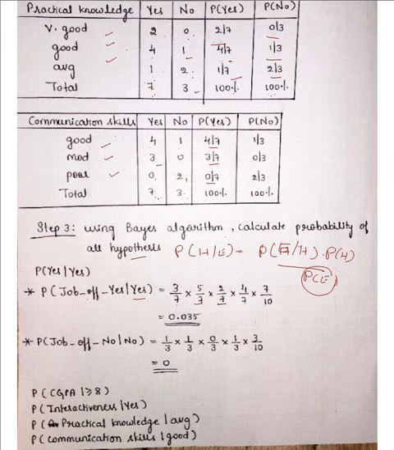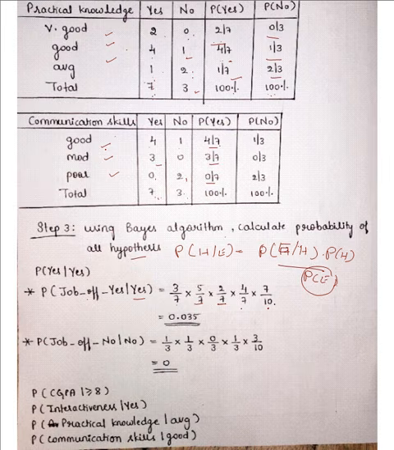Into communication skills for good, you have a likelihood probability of 4 by 7. Substitute that 4 by 7. Into the prior probability of the positive hypothesis of the overall problem, that is 7 by 10, which we have calculated.